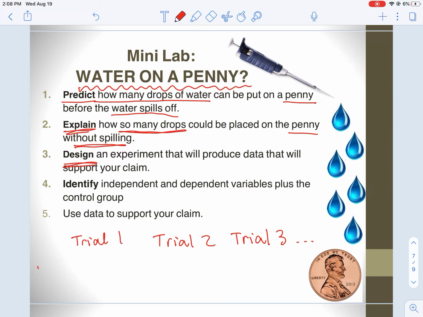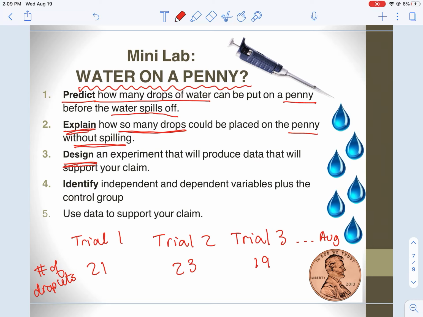And we'll say number of drops. Okay, trial 1, maybe we got 21, here we got 23, here we only got 19. Okay, in the end, you probably need to have your average number of drops.